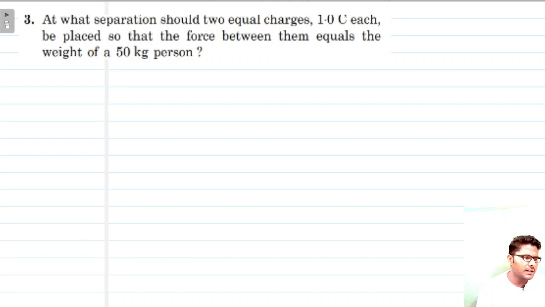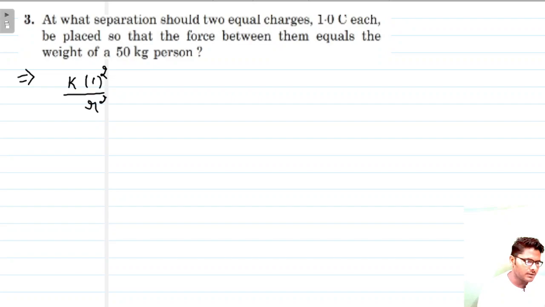In the next question: at what separation should two charges be placed so that the force between them equals the weight of 50 kg? So the electrostatic force will be K Q1 Q2, and with 1 coulomb each, it means 1 square over R square. We are asked about the separation.